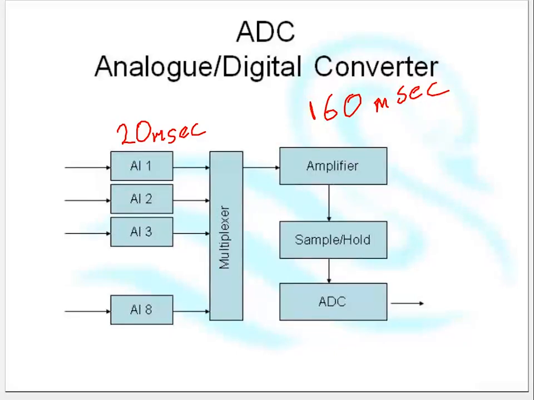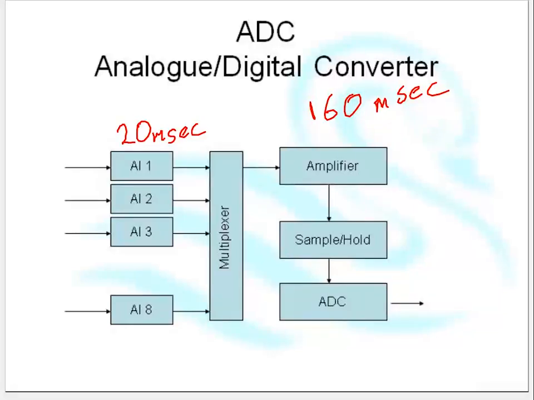So you have to be aware of that. You may see a manufacturer say, oh yeah, we're sampling the ADC every 200 milliseconds or every 20 milliseconds, but they're actually not. Because if they're multiplexing, they're only sampling one of them at a time. Each individual ADC conversion is 20 milliseconds, but each input will be only sampled every 160 milliseconds.